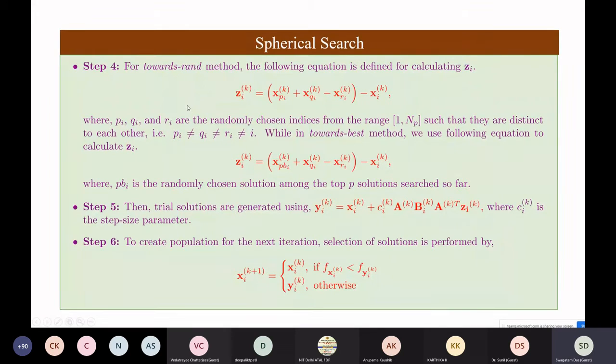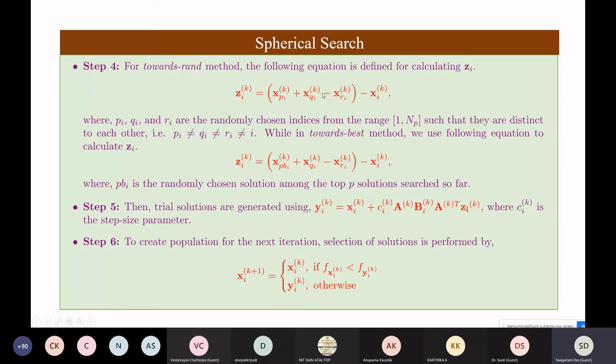And we form a combination like this: xpi plus xqi minus xri. Then we take a difference from our current solution vector itself. So it is as if the current solution vector is directed towards a random point generated by these three vectors, which are randomly chosen from the population.